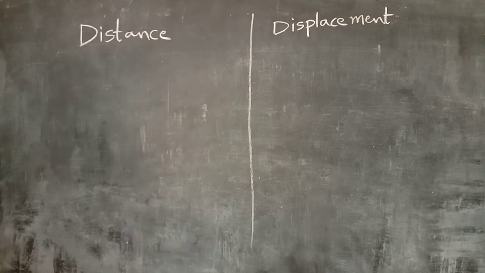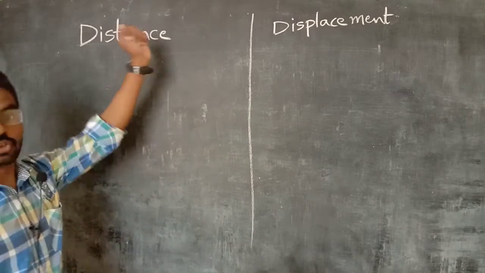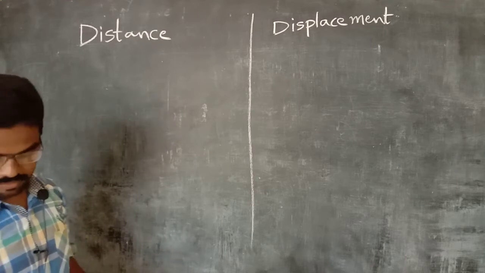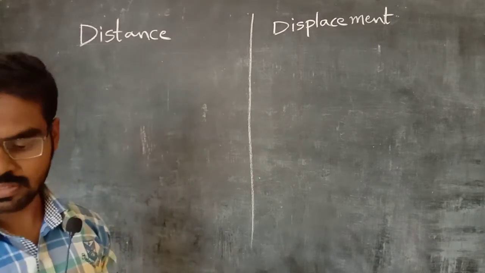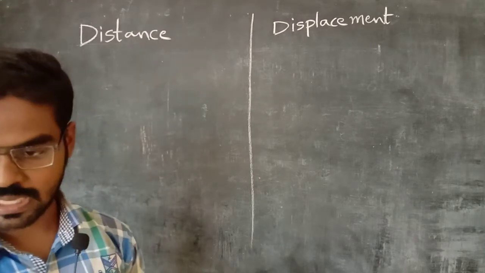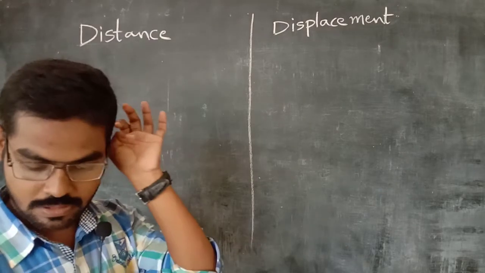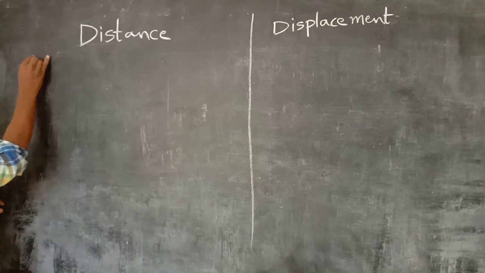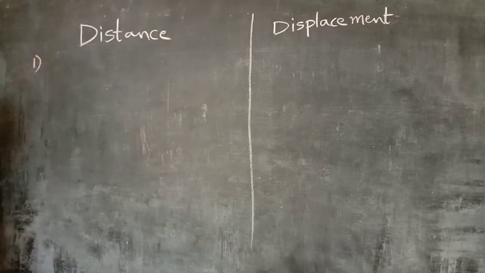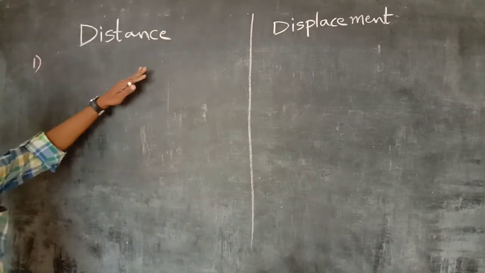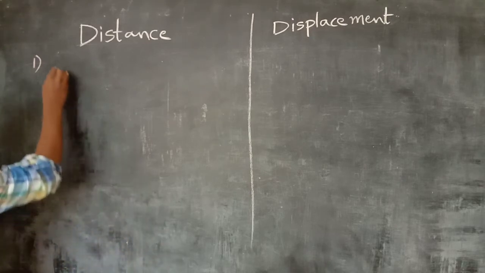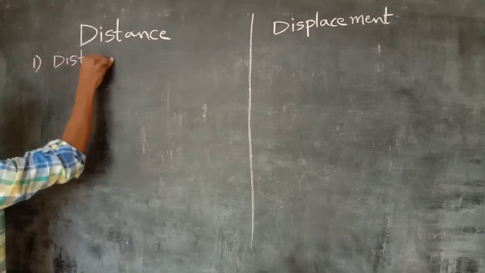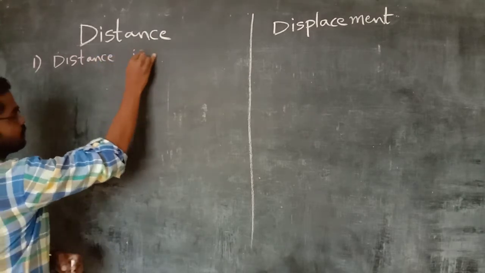Now we will see the conclusion. What is the conclusion we have learnt till now by the diagrams and the examples? What is actually the distance and displacement? Okay. So distance. What does distance tell us?